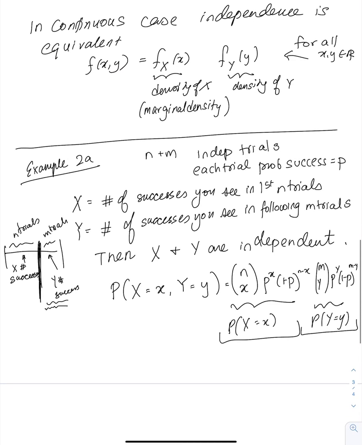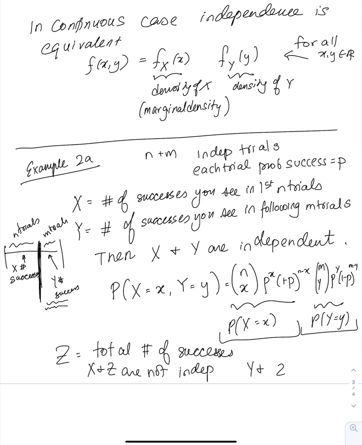However, if you take Z to be the total number of successes, then X and Z are not independent, and Y and Z are not independent.